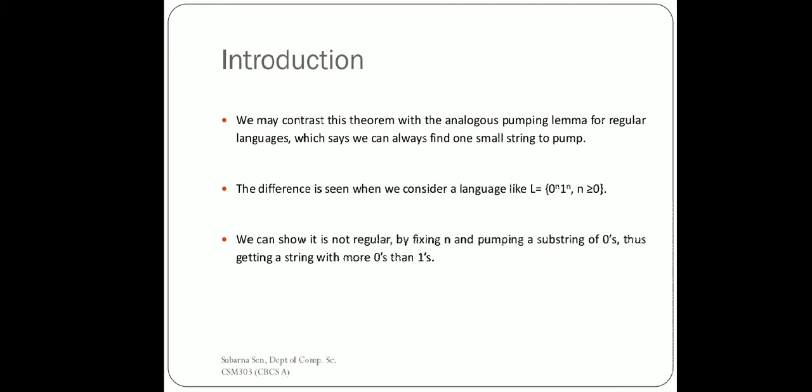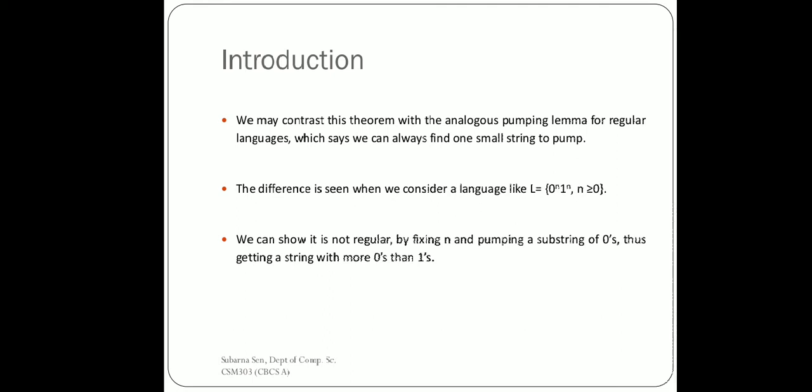In case of using the pumping lemma, we proved that this is not a regular language, because by fixing n and pumping a substring of zeros, we get a string with more zeros than ones, and so we concluded that this is not regular.